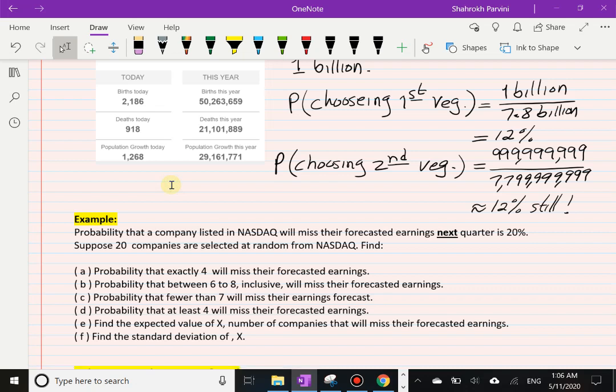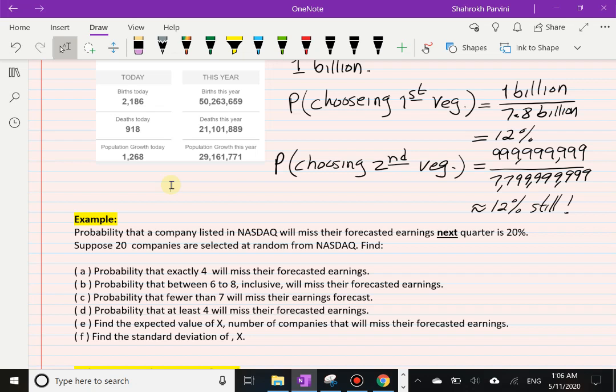So, suppose the probability that a company listed in NASDAQ will miss their forecasted earnings next quarter, that's like the coming quarter in June, not the quarter that we just wrapped up, is 20%. And let's say 20 companies are selected at random from the NASDAQ listing.